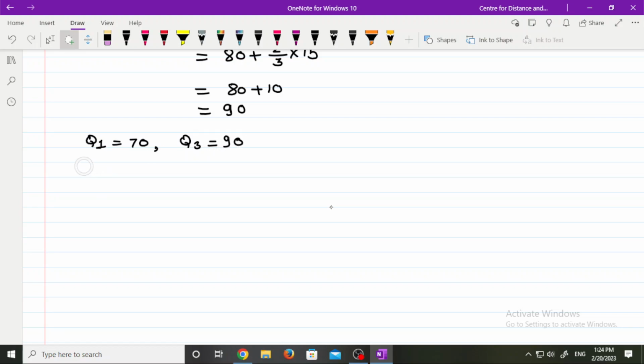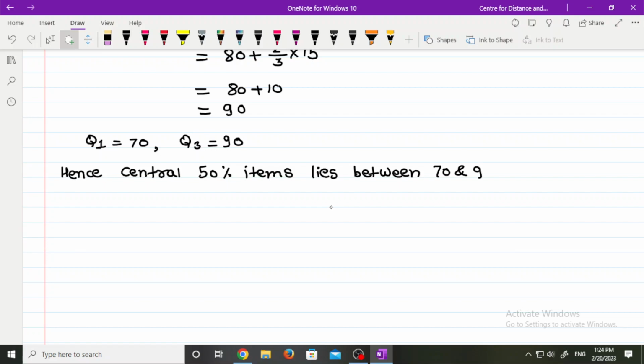Okay. So hence central 50% items lies between 70 and 90, that is between the value of Q1 and Q3, 70 and 90.